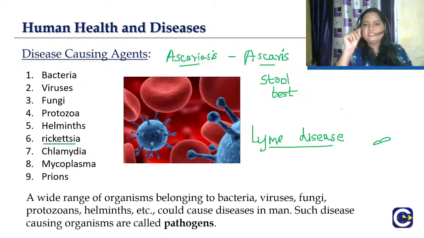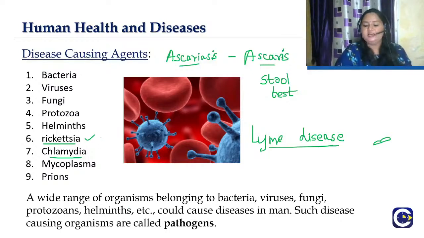Inside these ticks, this Rickettsia species will be present, and that produces Lyme disease in human. That is Rickettsia. Rickettsia is a class of bacteria that can live inside the host just like a parasite. And next category is Chlamydia.